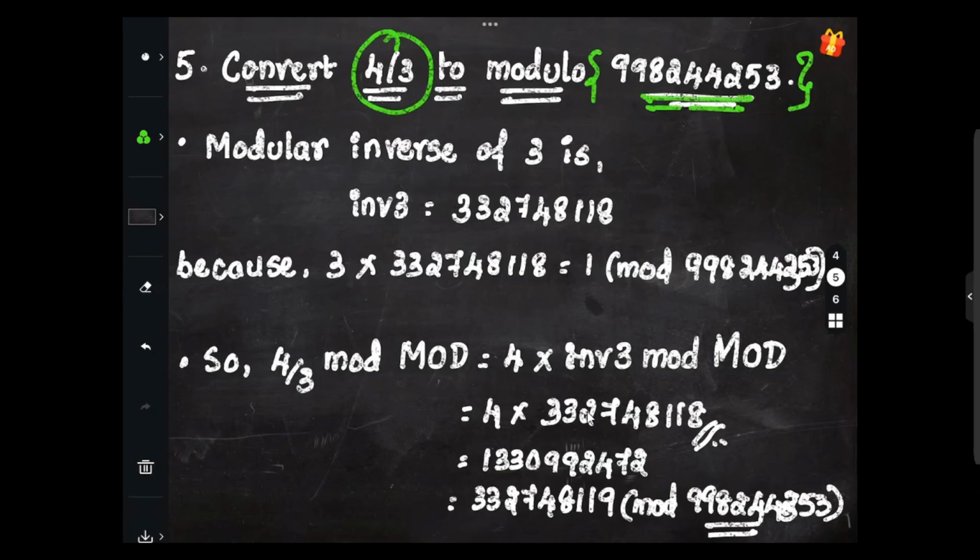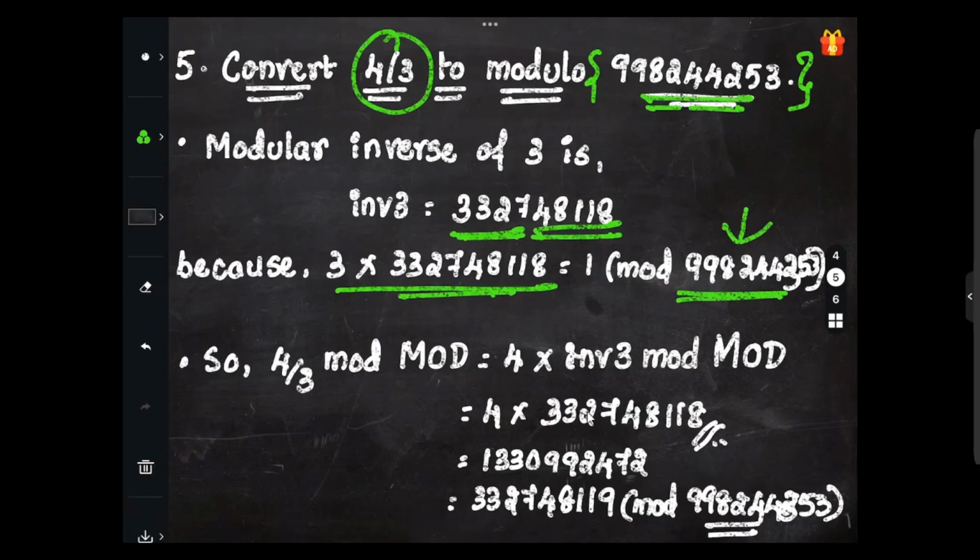So we will be going with the modulo inverse of 3, which is 3327481118, right? So now 3 into 3327481118 is equivalent to 1 mod 9982444353 basically. This is the mod value they have given in the question.